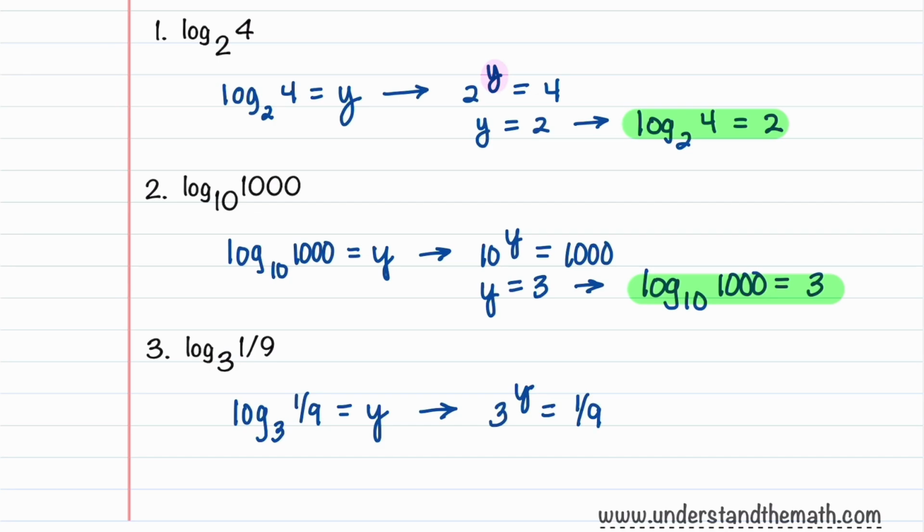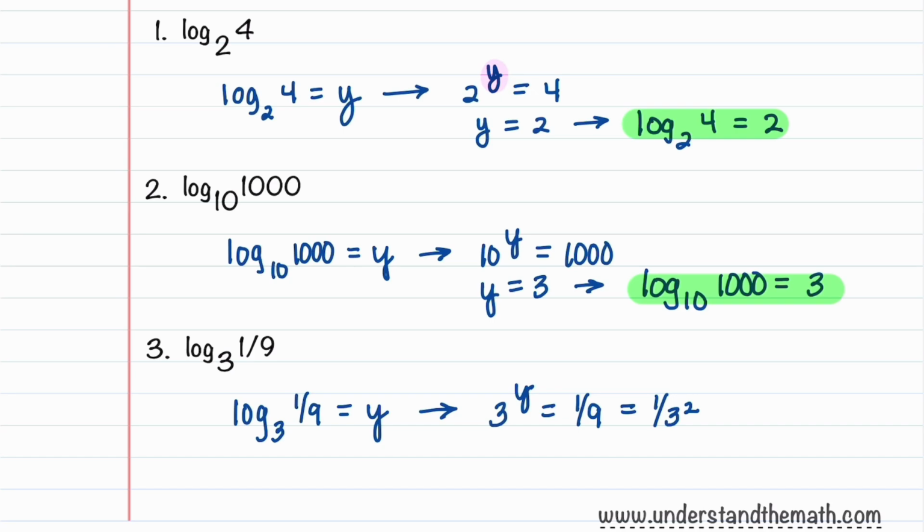And now we have to think a little bit about what to do. Notice that the 3 and the 1 over 9 are different numbers. So our strategy is going to be to write our right-hand side 1 over 9 in terms of 3. 9 is equal to 3 squared, so we can write this as 1 over 3 squared.